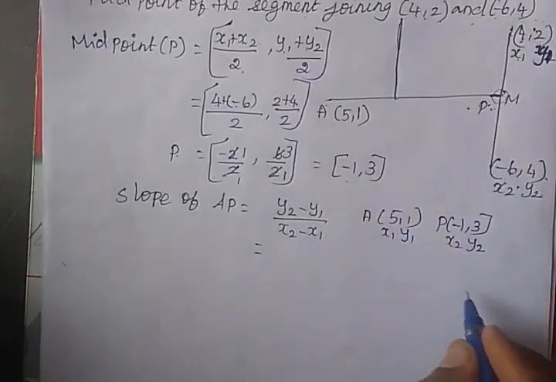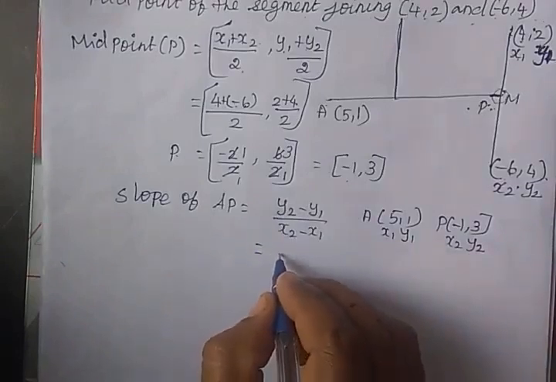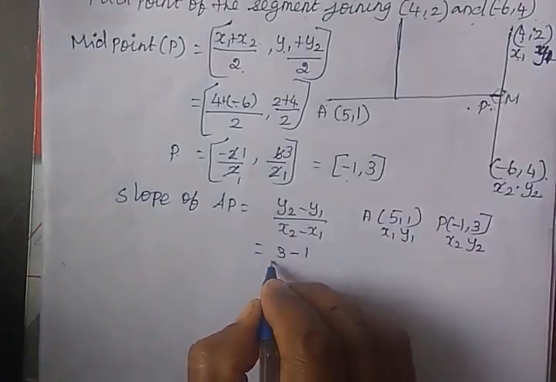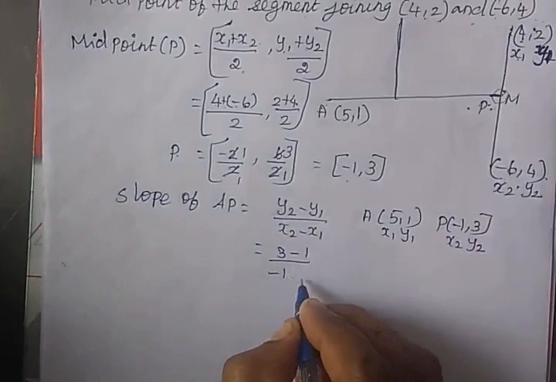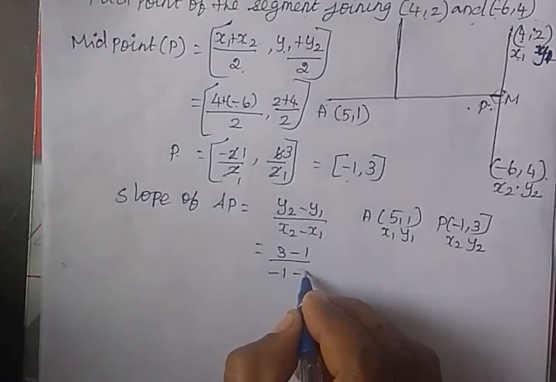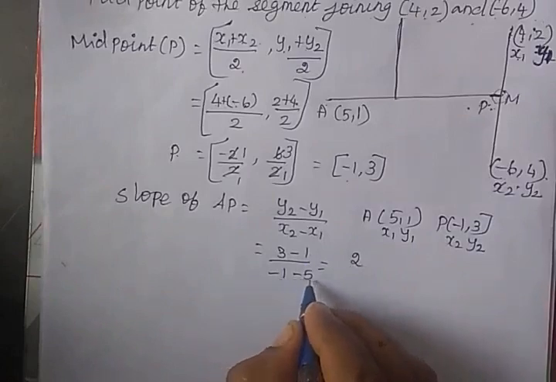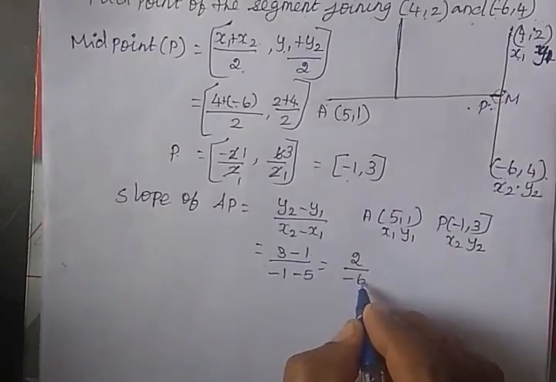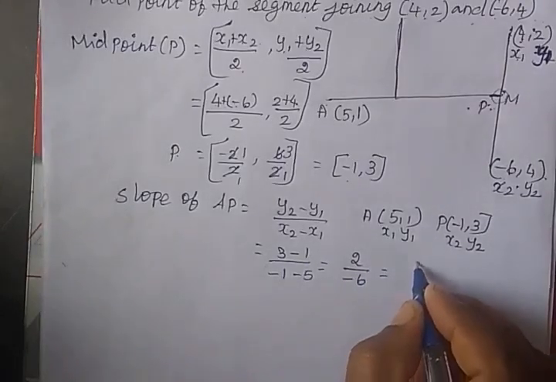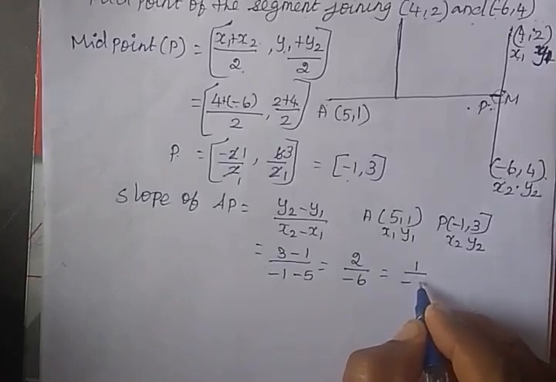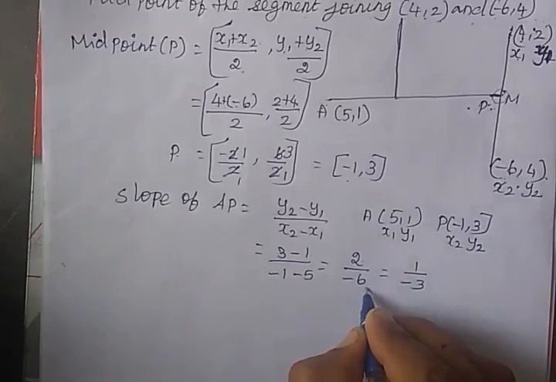Substitute the values: y2 is 3, y1 is 1, x2 is -1, x1 is 5. So 3 minus 1 is 2, and -1 minus 5 is -6. Simplify the fraction, that is 1 by -3.